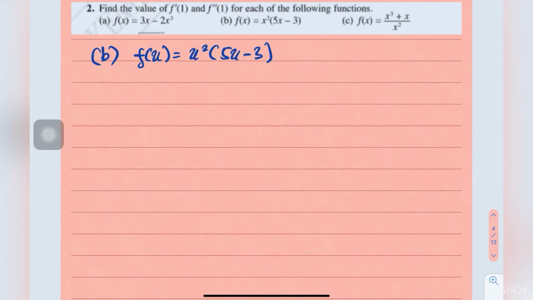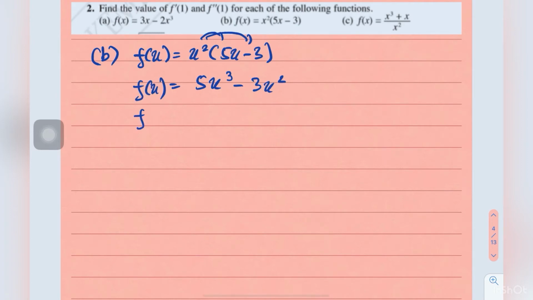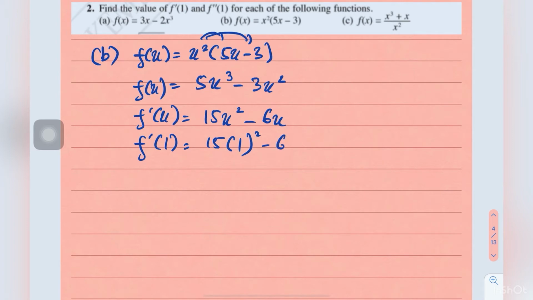So I expand this first, it becomes 5x cubed minus 3x squared. This is f(x), then I differentiate and get 15x squared minus 6x. For f prime 1, I substitute x is 1, so 15 minus 6 is 9.